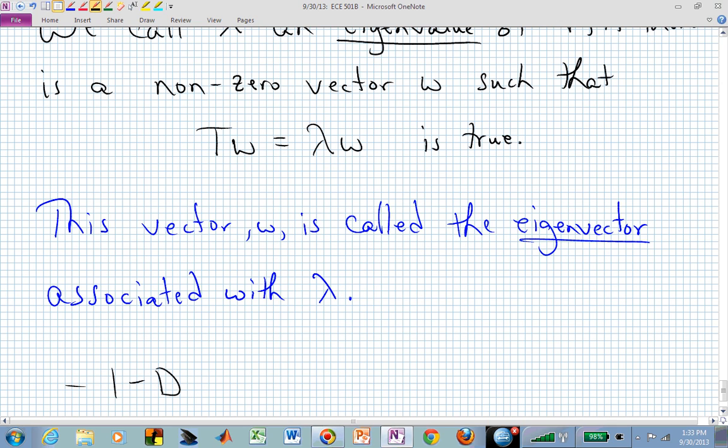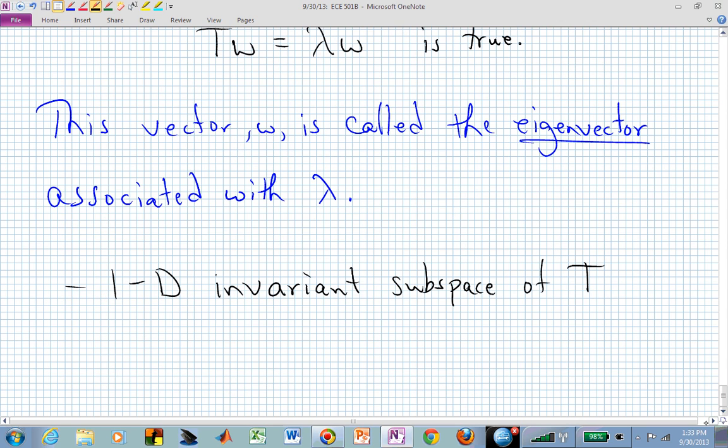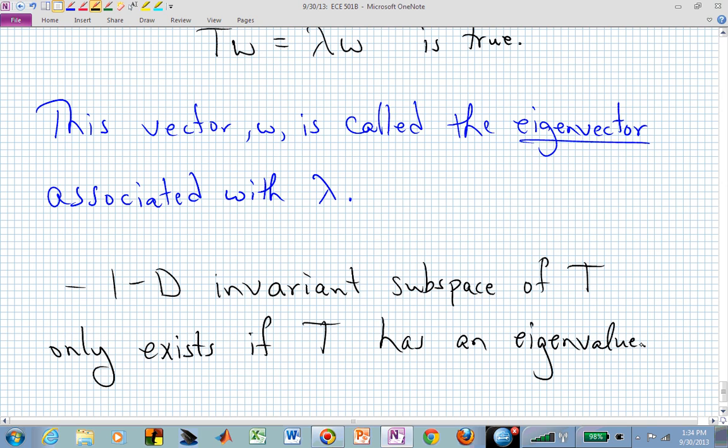A 1D invariant subspace of T only exists if we can actually find an eigenvalue for that operator T. Only exists if T has an eigenvalue.